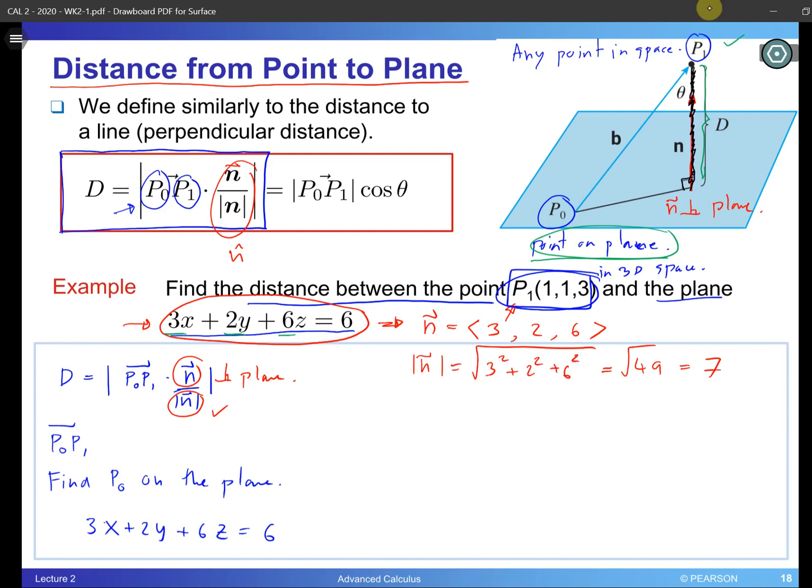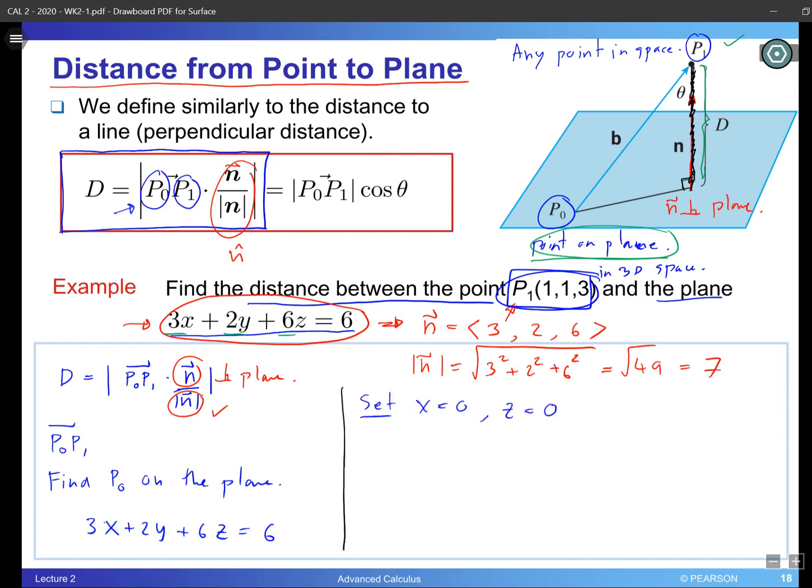Now that we have only one equation, we have the freedom to set two variables to anything we like. So I am going to make it easy, right? x to 0 and z to 0. This is arbitrary, you can pick something else. Let's see if I put this into the equation, whether I can make this equation true or not.